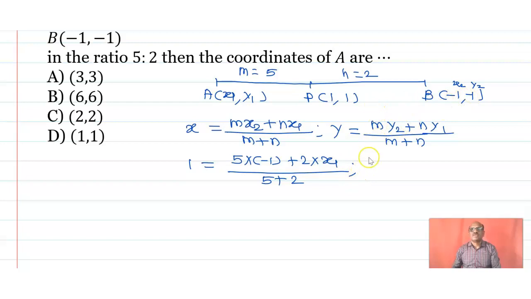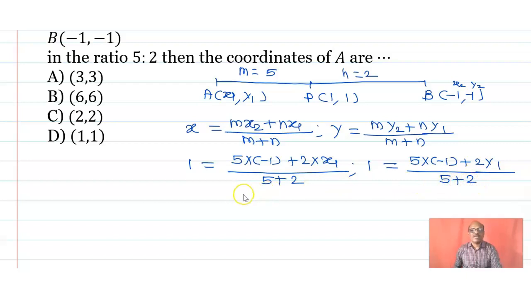Next the y coordinate is 1 equals m y2. Okay, y2 is -1, that is 5 into -1 plus n y1, that is 2 into y1 and this divided by m plus n, that is 5 plus 2.